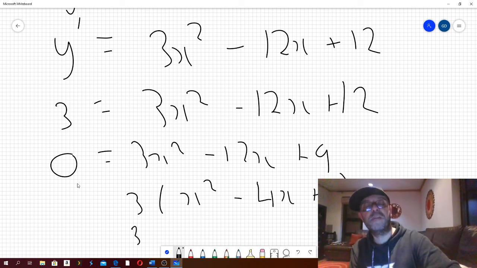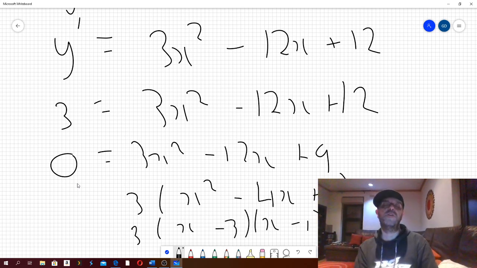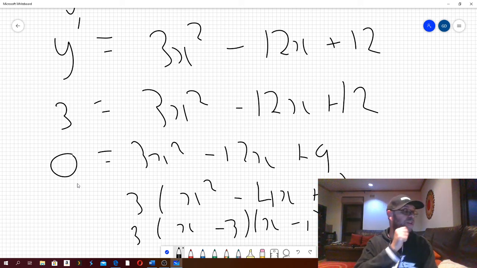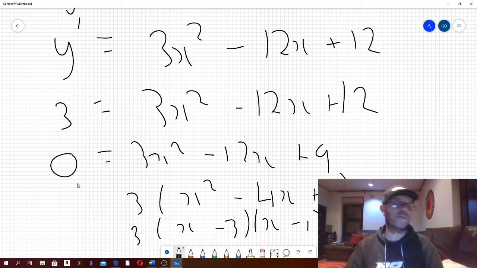That can also be factorized as x minus 3 and x minus 1, and that simply gives you that x is 3 or 1. So these are the 2 places for x where we will have gradients of 3. Okay, so they wanted the actual equations of these tangents. So let's go and solve for those values where x is 3 and x is 1.